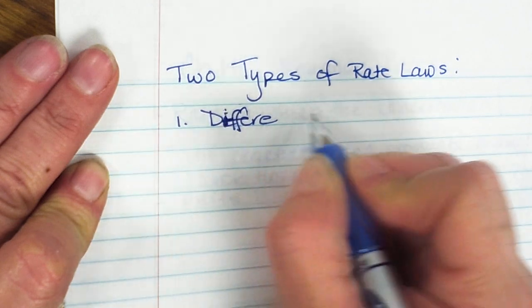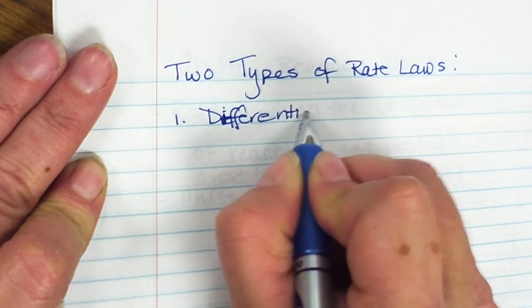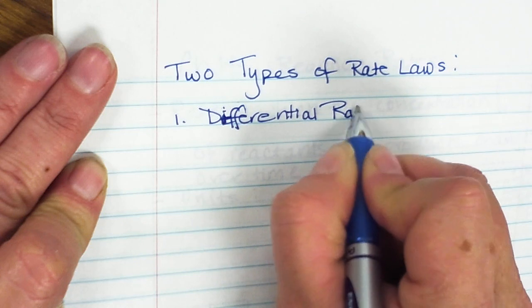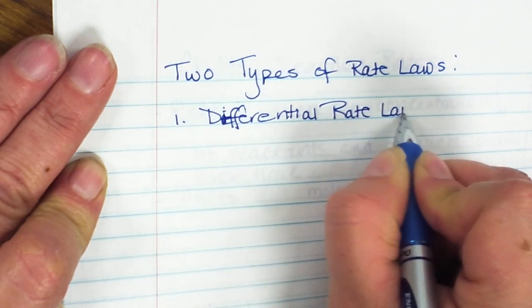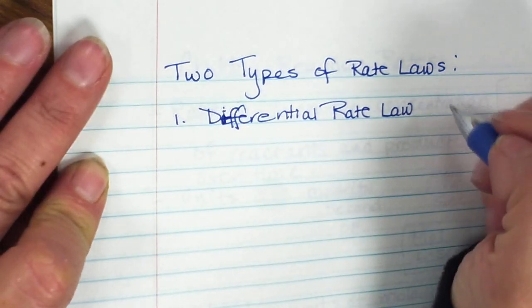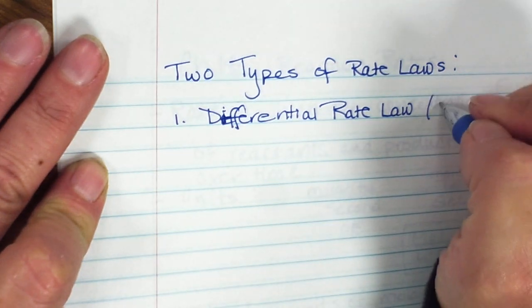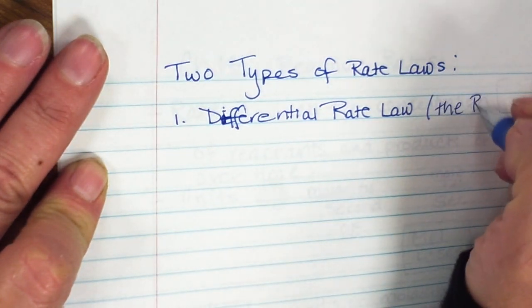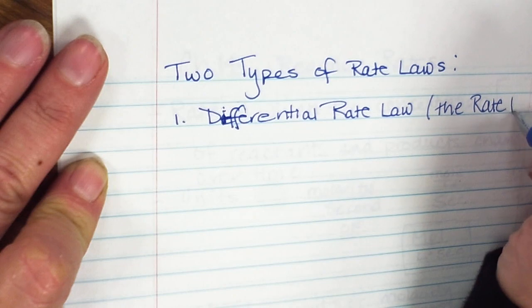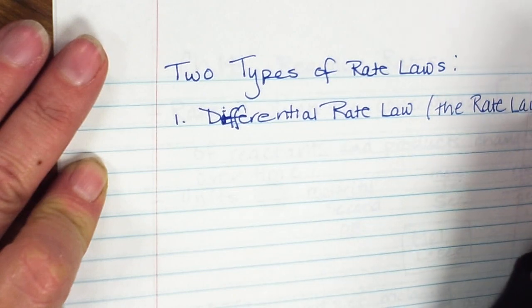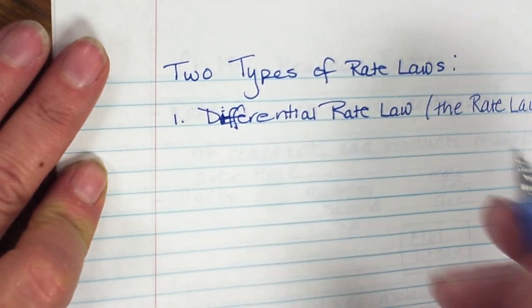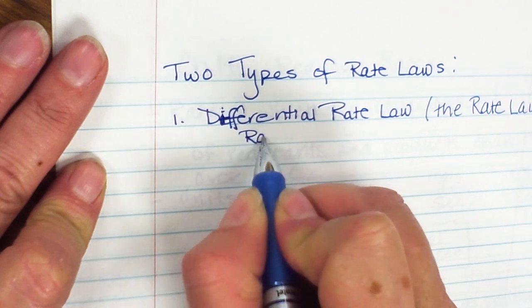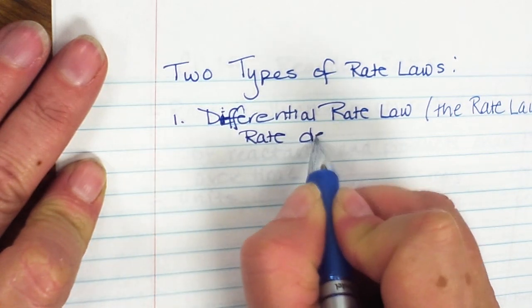That's an I, differential. And this is commonly what we call the rate law. And this is where the rate depends on concentration.